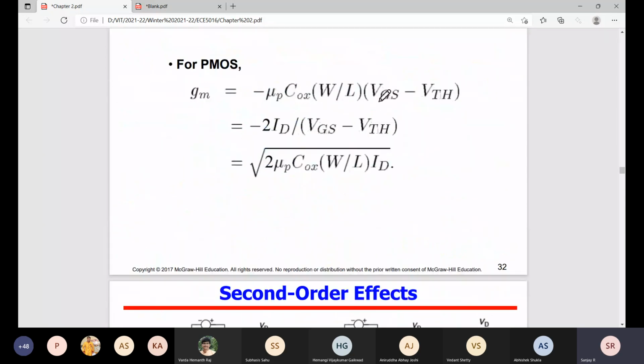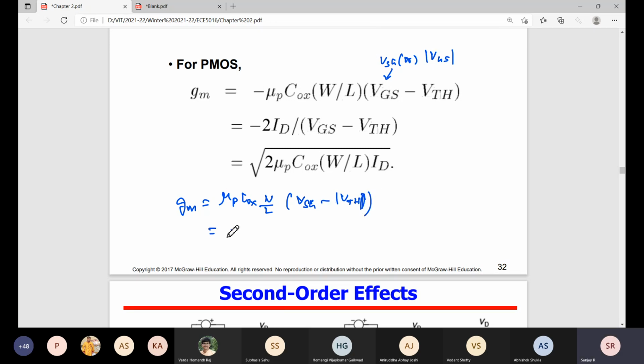Similarly for PMOS, in terms of VGS, we need to put VSG or mod VGS, or simply put a negative sign there. Instead of remembering the negative sign, you can think like gm equals μp Cox (W/L)(VSG minus mod VTH).